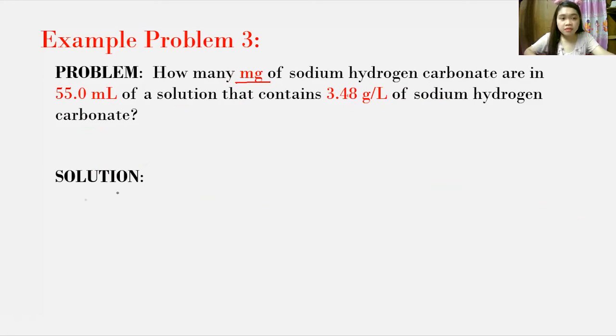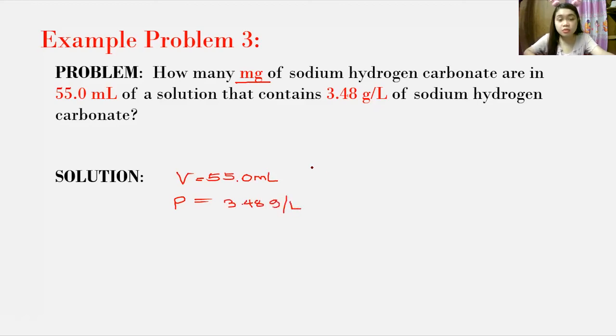And then we are given the volume, which is in 55.0 ml. Then we are also given the density because the unit here is in mass per volume. So it's 3.48 grams per liter.